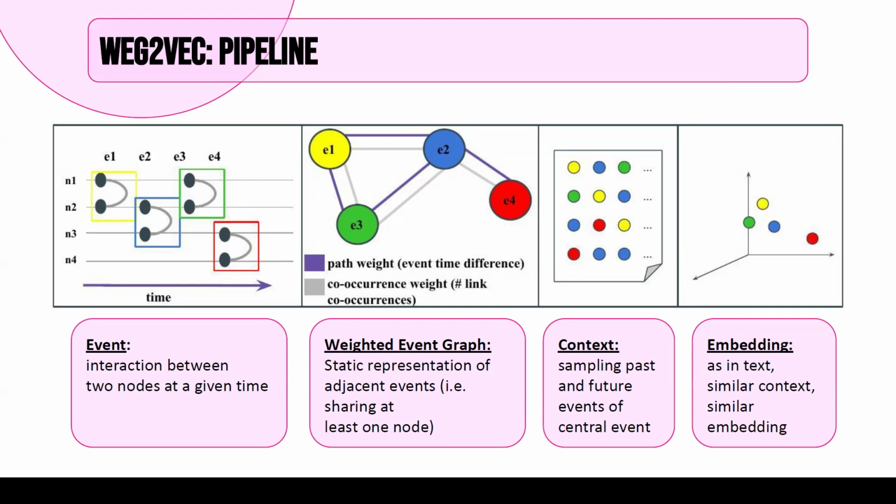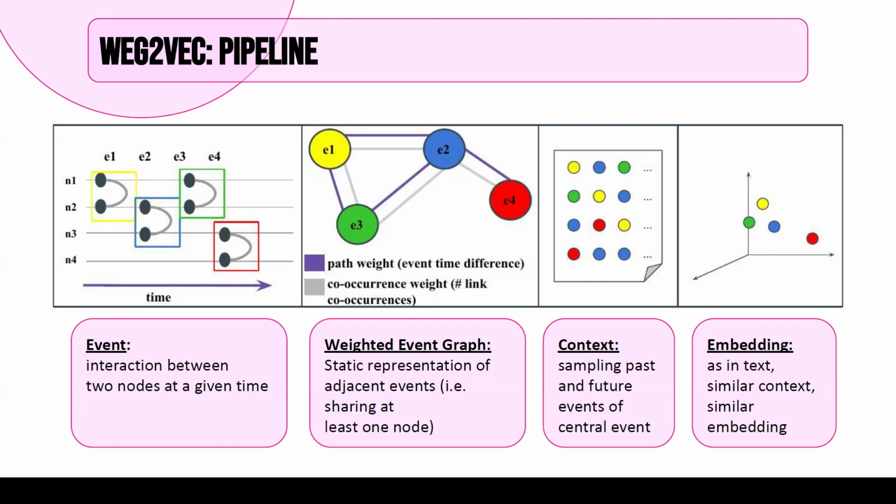So starting from a temporal network, we can define an event as a temporal link, basically. So interaction between two nodes at a given time. And on this information, we relied to build a weighted event graph that is a static representation of the temporal networks.